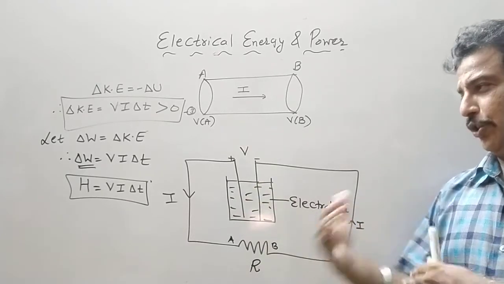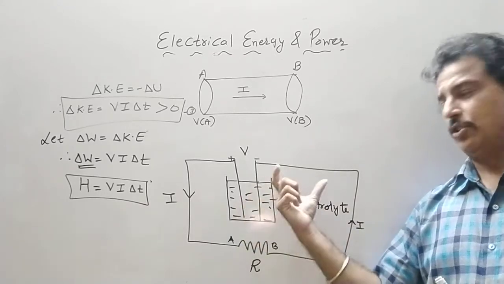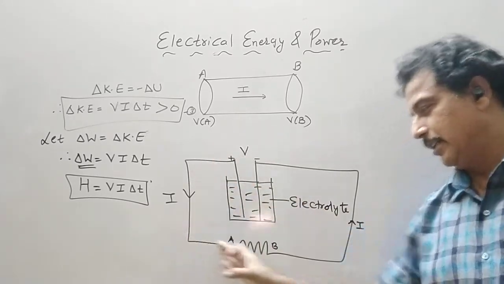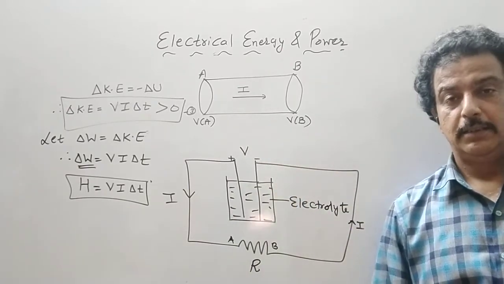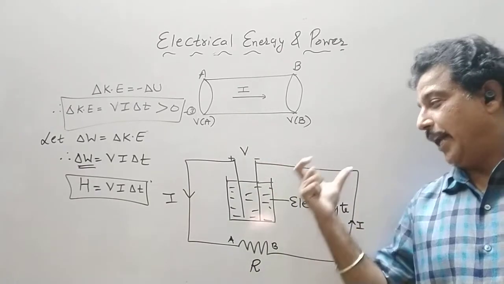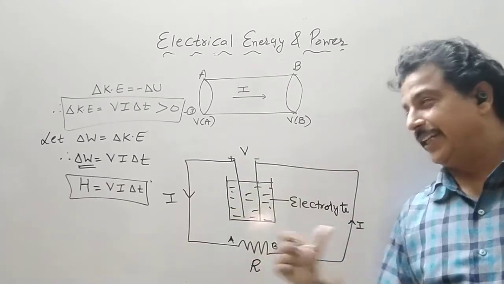So we are assuming the internal resistance is not very large, and the wire also does not have any resistance. So the entire chemical energy should be converted into the heat energy.